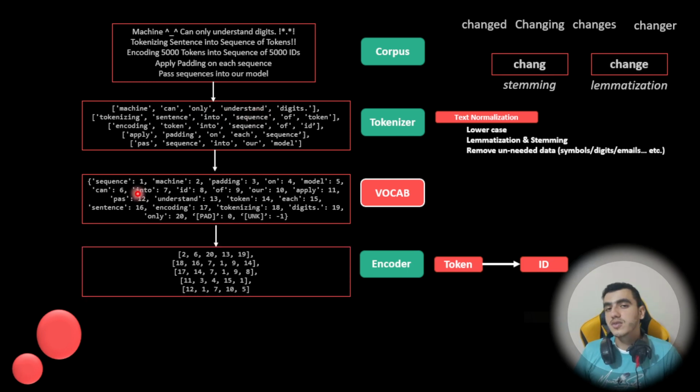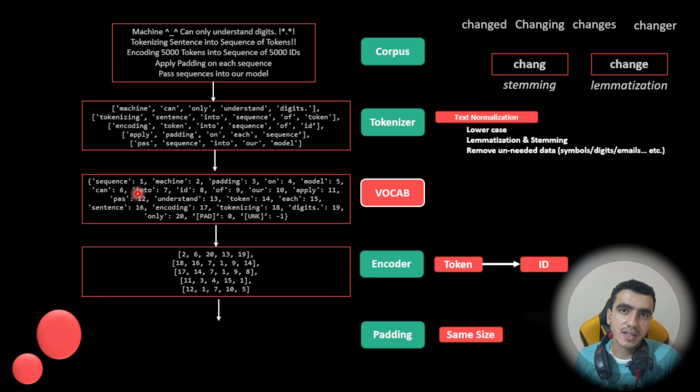But another thing that the model needs is to make all these lists the same size. That's when we use padding. Padding is nothing but adding zeros at the end of the list to make them all the same size.